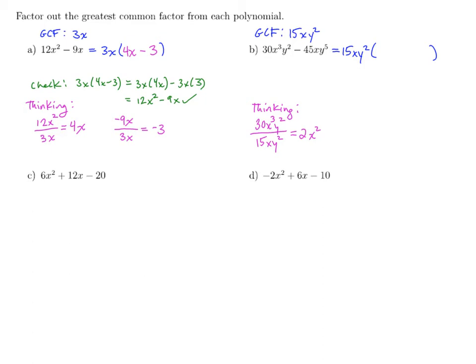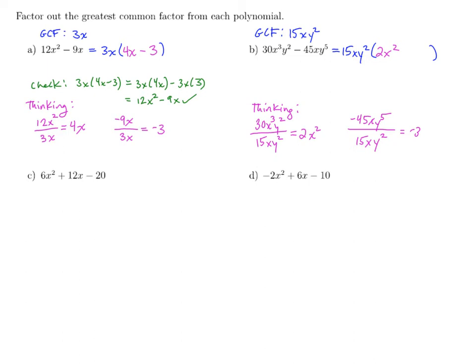So then inside here, we'll have 2x squared, and then with negative 45xy to the fifth, we factored out again 15xy squared. So negative 45, we factored out 15, so we're going to have negative 3 for that numerical constant.